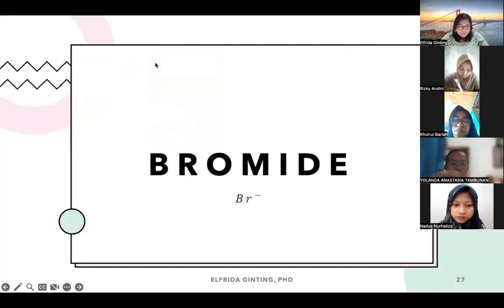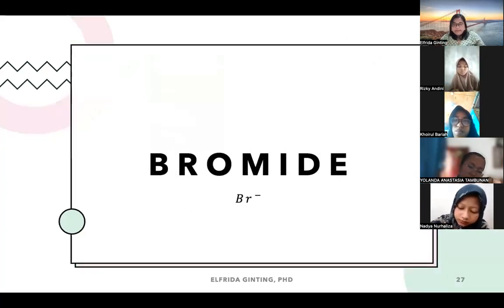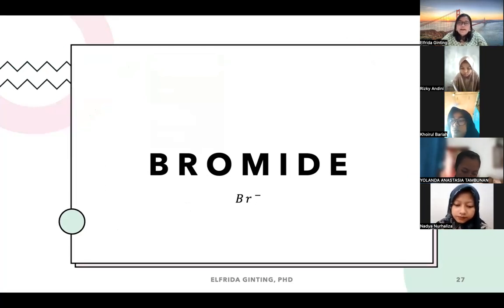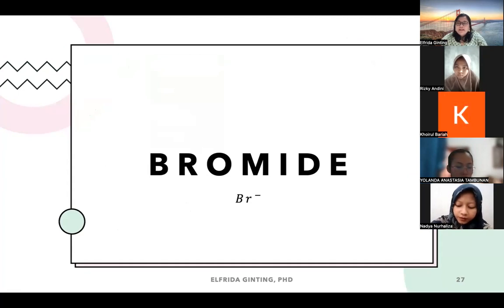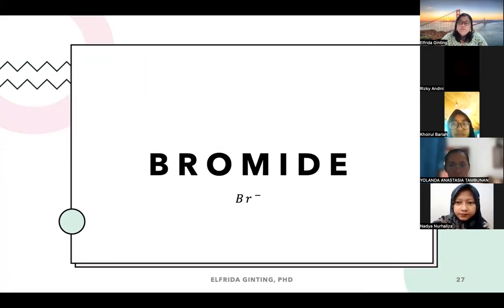Okay, so next we study bromide. So what else did we already study today? What are the anions that we already studied? Thiocyanate, chloride, and next we will be studying bromide.